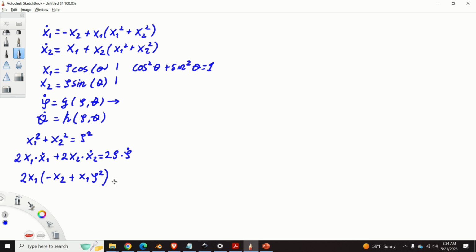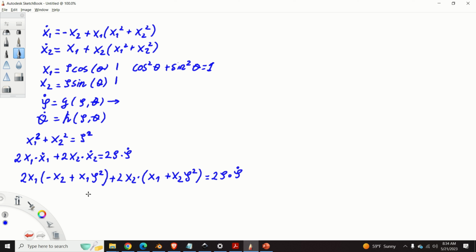Then we have plus 2 x2 multiplying x1 plus x2. What do we have here? We have x1 squared plus x2 squared, that is rho squared again, is equal to 2 rho times rho dot.